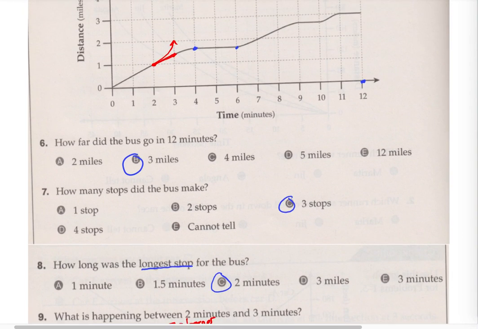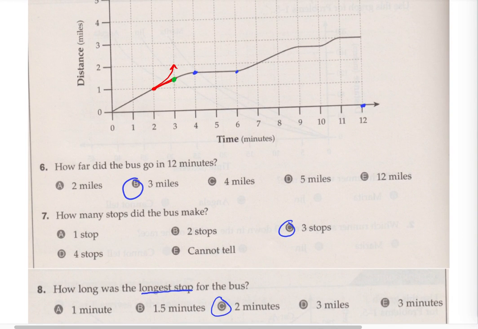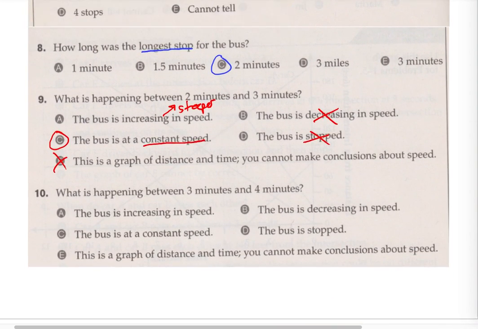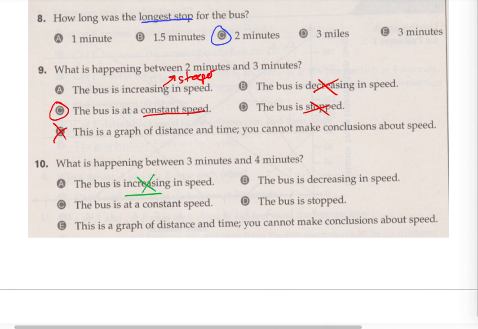I'll get a different color. So 3 minutes is right here. 4 minutes is right here. It's kind of flat, but you can see it's kind of curving downwards. And then remember, this is the stop over here between 4 and 6 minutes. So I think they're slowing down, maybe? Something like that. Increasing, no. Decreasing, I'm thinking yes.